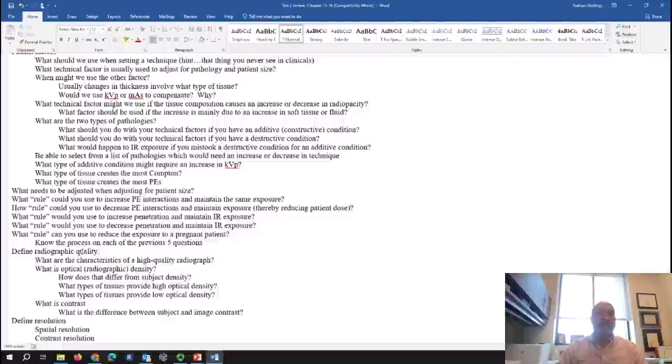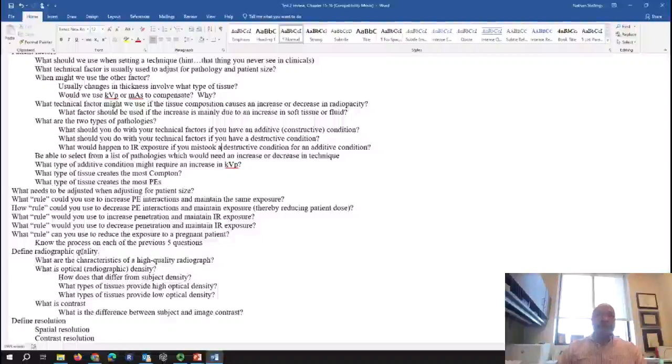Are there any artifacts on the image? So a high quality radiograph would possess adequate density, high contrast without excessive fog or any kind of scatter or any kind of noise, and no artifacts.